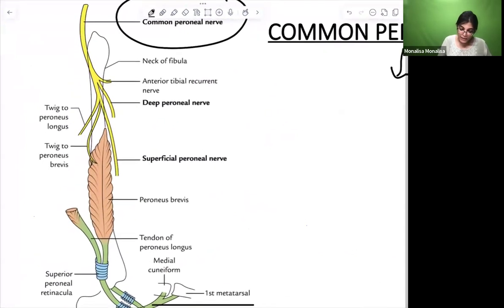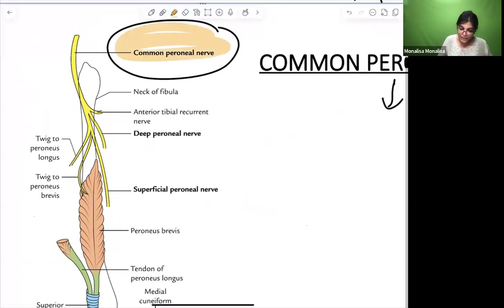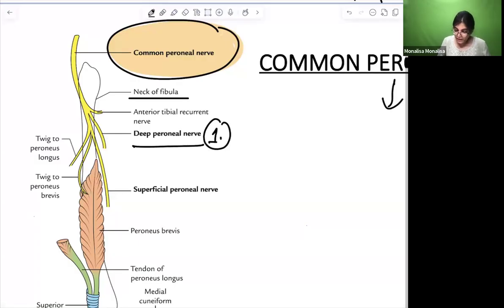See here, the common peroneal part of the sciatic nerve. The division of the common peroneal and tibial parts of the sciatic nerve takes place in the superior aspect of the popliteal fossa. So it will wind around the neck of the fibula and will divide into two nerves: the deep peroneal nerve and the superficial peroneal nerve.